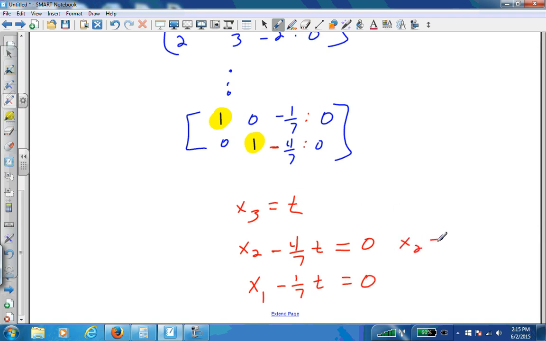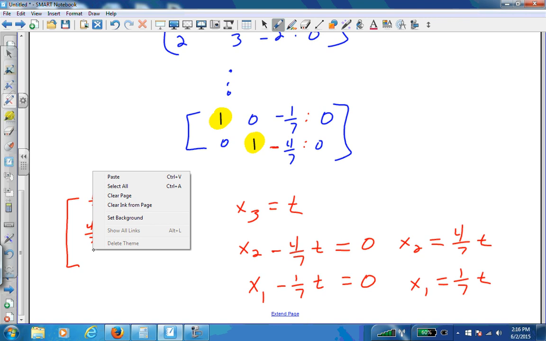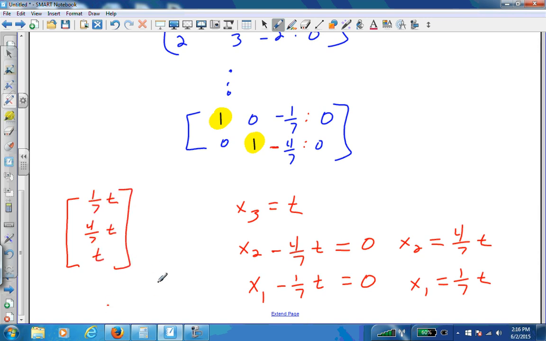So x sub 2 is 4/7 t. X sub 1 is 1/7 t. So our answer is 1/7 t, 4/7 t, and t. Or t is a common factor of all of those, so we can pull that scalar t out.